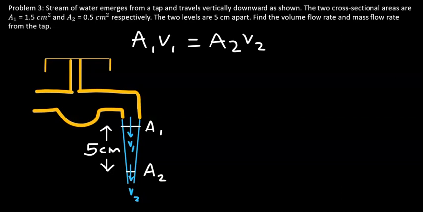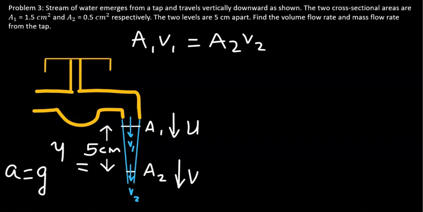Let's assume that the speed of the stream at point 1 is the initial speed, and the speed v2 at point 2 is the final speed. The acceleration is the gravitational acceleration, and the falling distance is 5 centimeters, which we can label first as y.